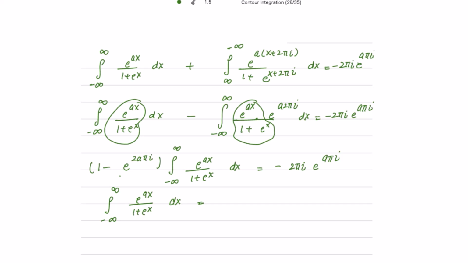this to the other side, this is minus 2 pi iota e to the power a pi iota over, if I take minus common, that will be cancelled out with this minus sign which is present in the numerator.